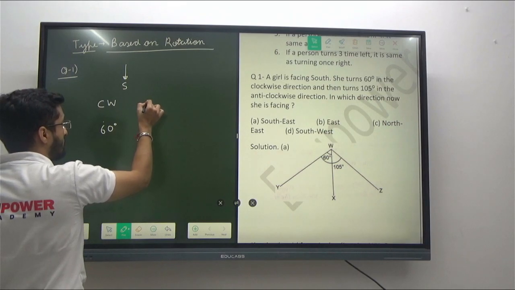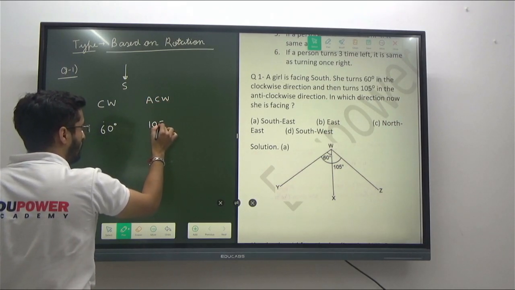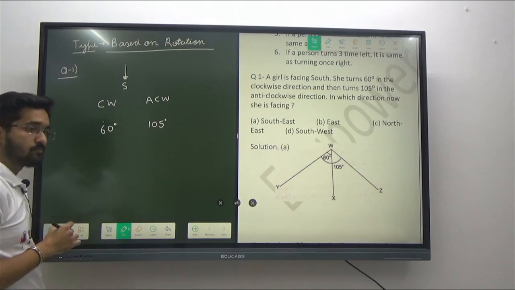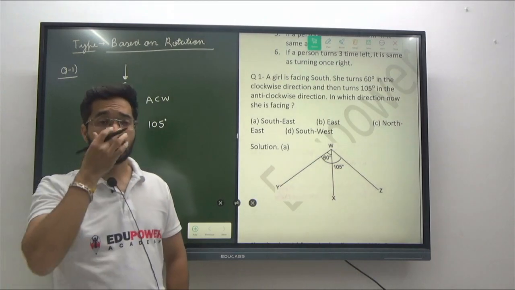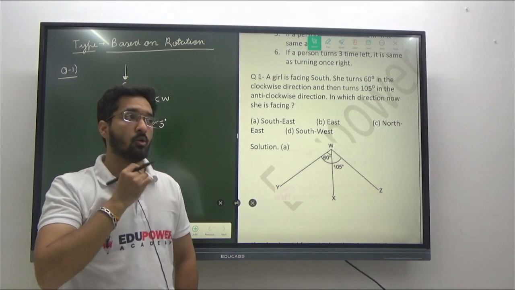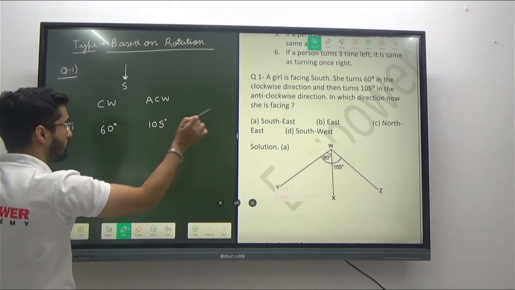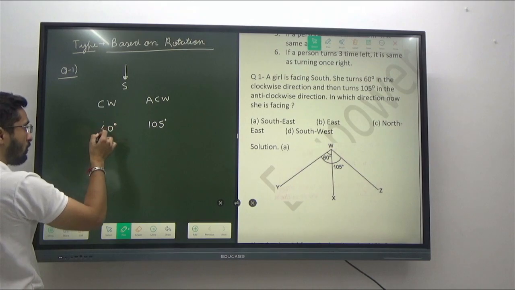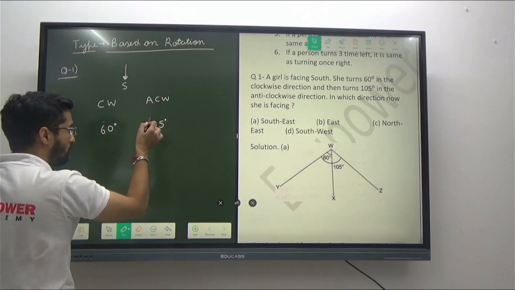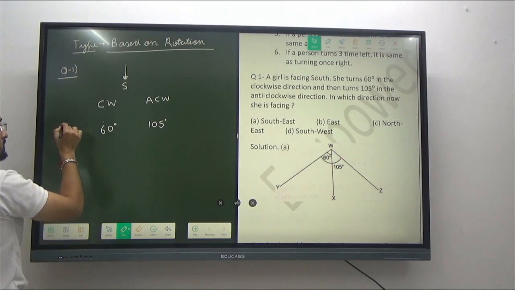Just write ACW and then write the angle below it, 105 degree. First, whatever data is given in the question, we have just noted it down.